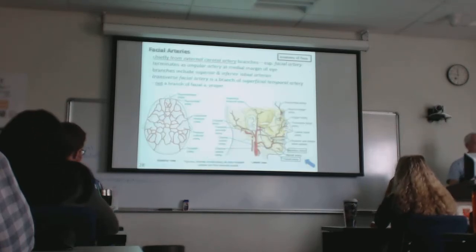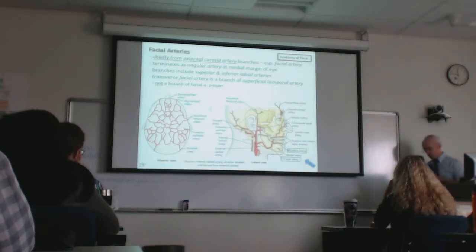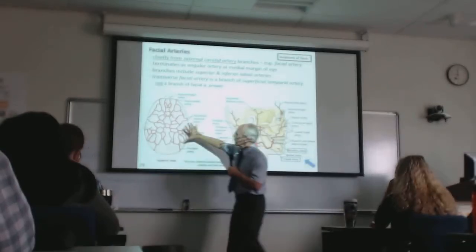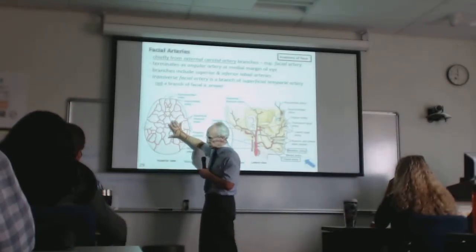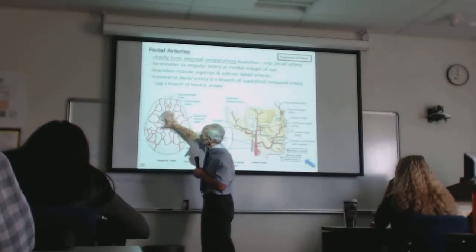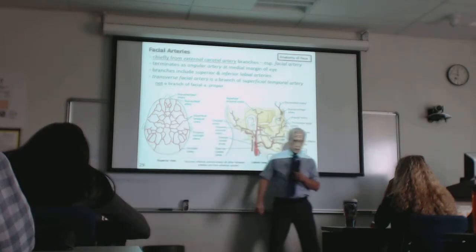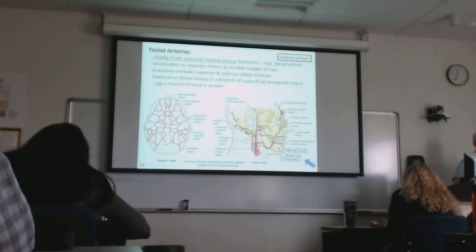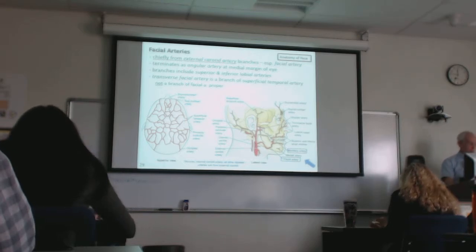I want to talk a little. We talked about the vessels of the extracarotid and the relationship of the branches of the external carotid to profusion of blood supply to the scalp. We indicated the anterior scalp is supplied by the branches of the internal carotid.